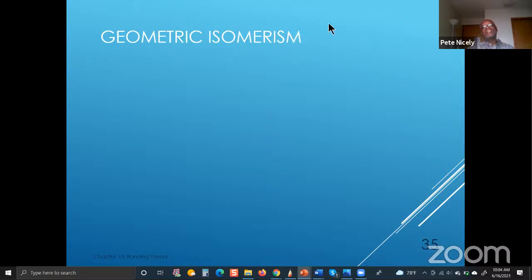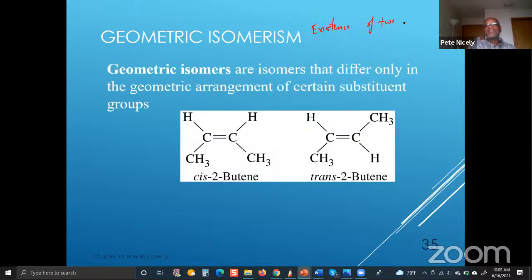Now, isomerism will be very important for those of you who plan to do organic chemistry, but basically isomerism is the existence of two or more compounds with the same molecular formula, right?